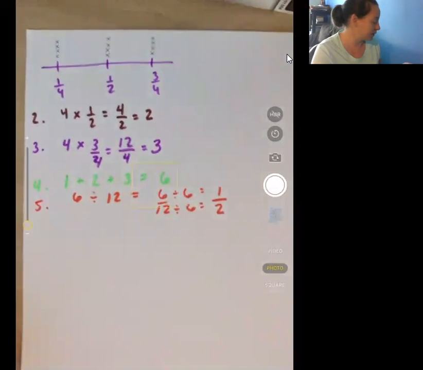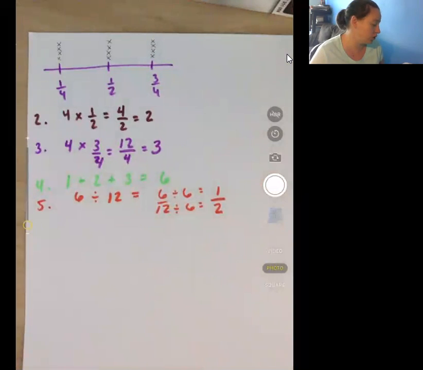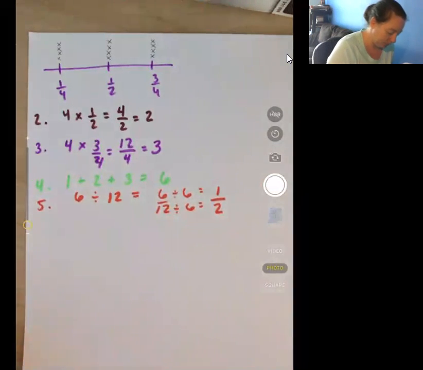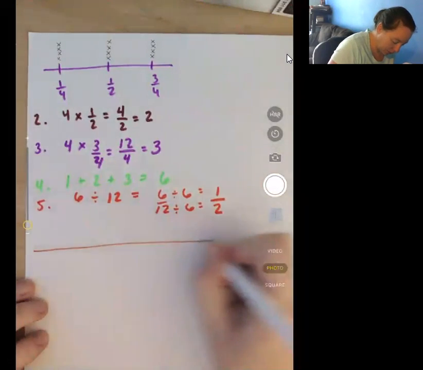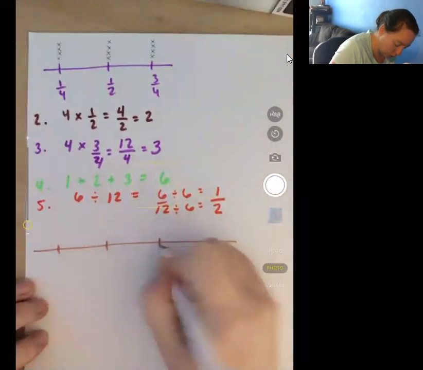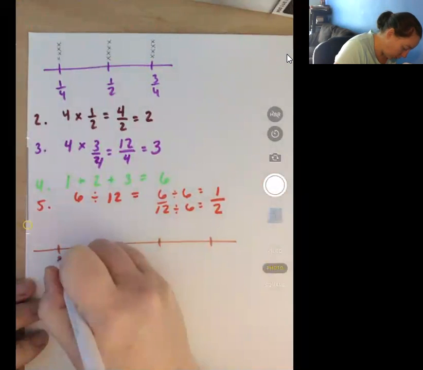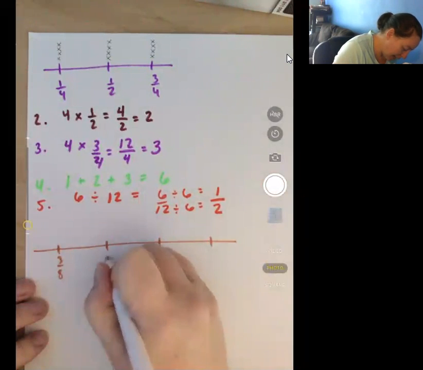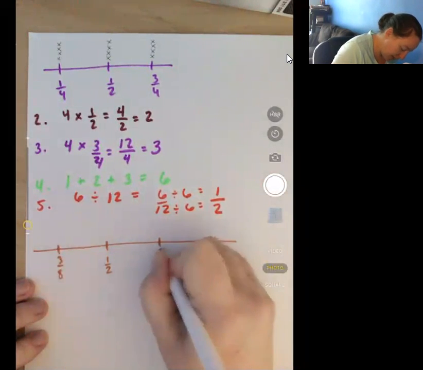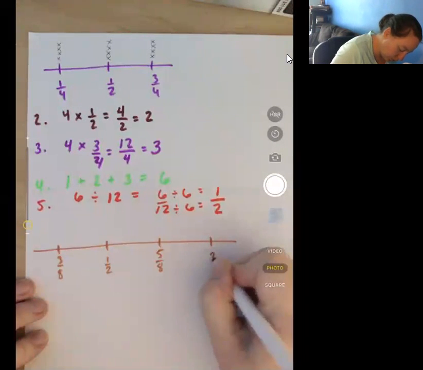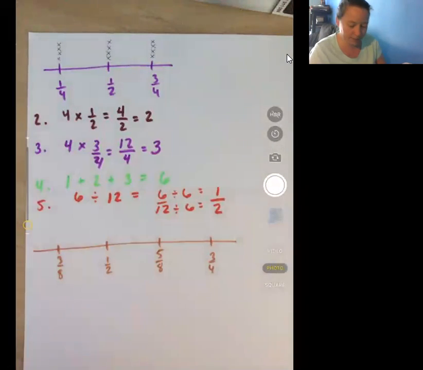Second half of the problems. Julie uses crystals to make a bracelet. The lengths of the crystals are shown below. 3/8, 1/2, 5/8, and 3/4. Okay, I'm going to put in my X's with my pen again.